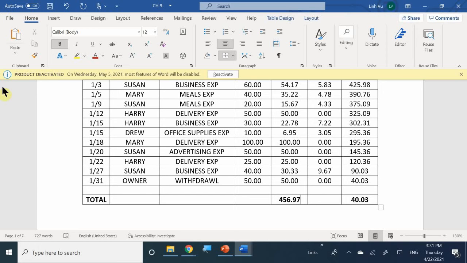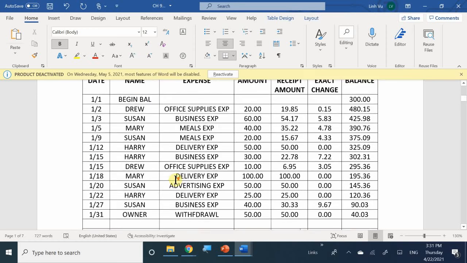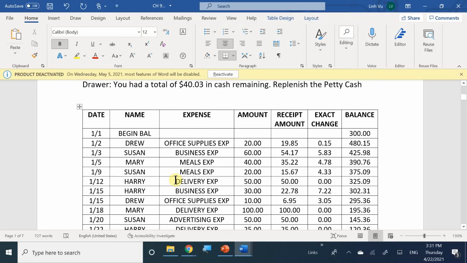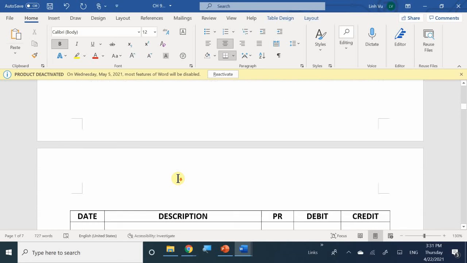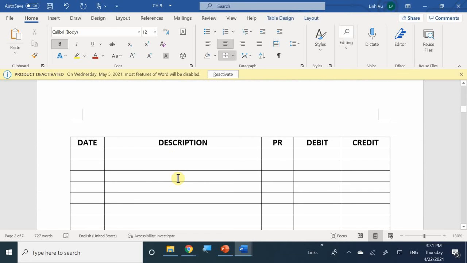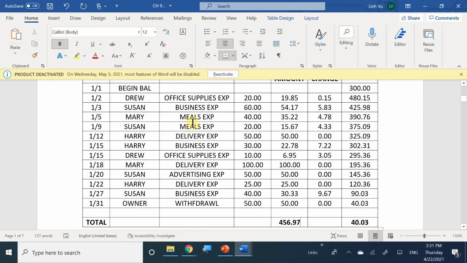However, how are you going to distribute, or in this case replenish, the petty cash fund? If I bought all this stuff during the month, did I ever recognize it? No, just on this ledger for the petty cash. Exactly.